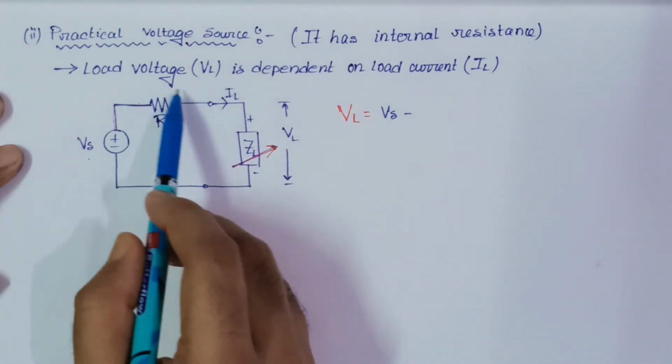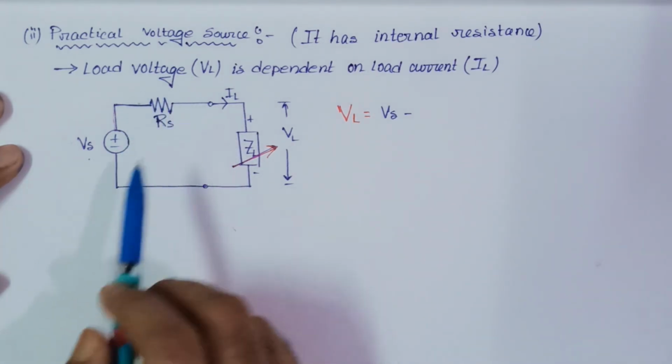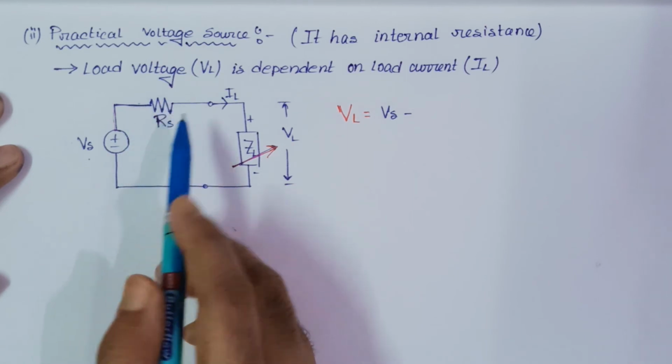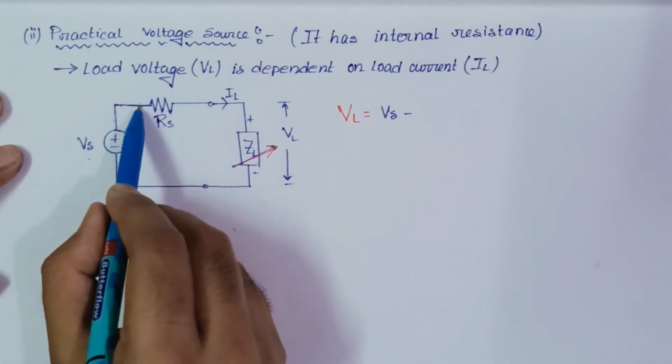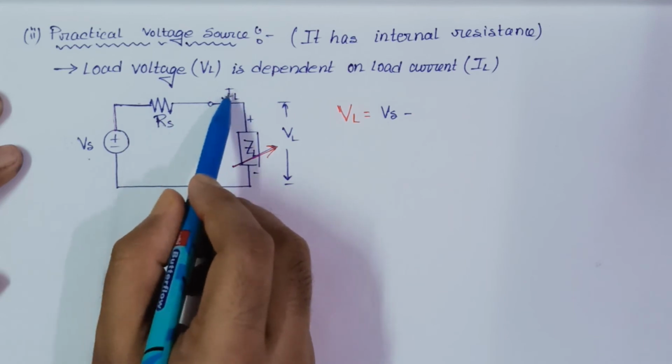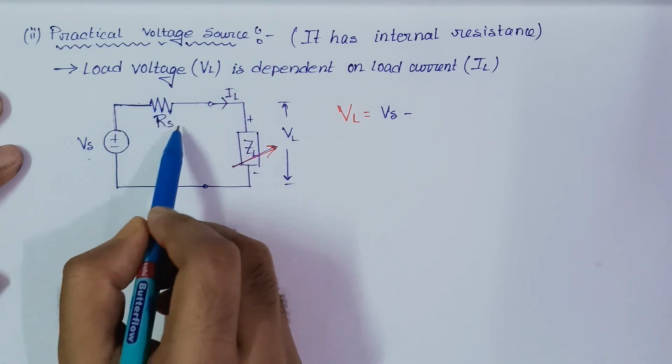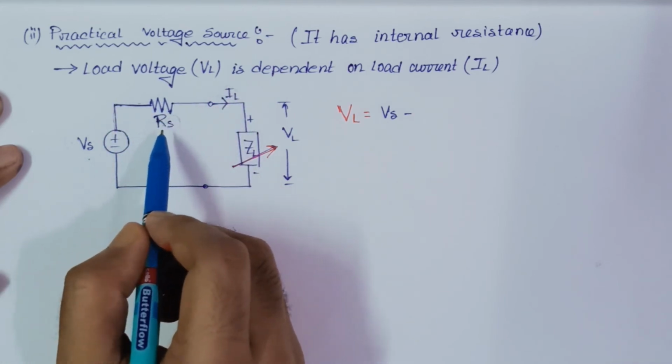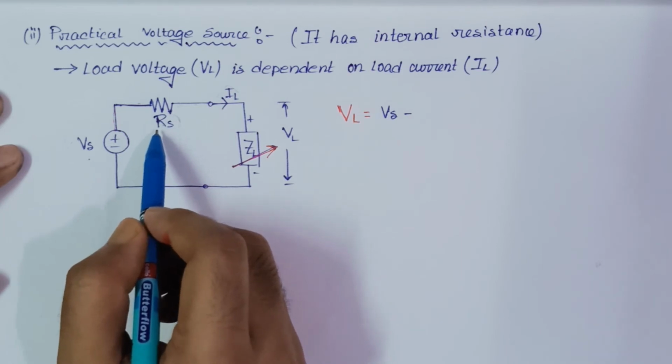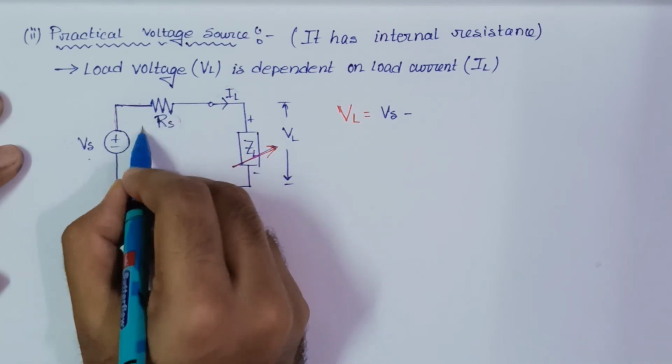So initially your value was Vs, and from that you have to subtract the value of voltage which is dropped here. Now how can you calculate the value dropped here? The current passing through this element is IL, and the resistance here is Rs.